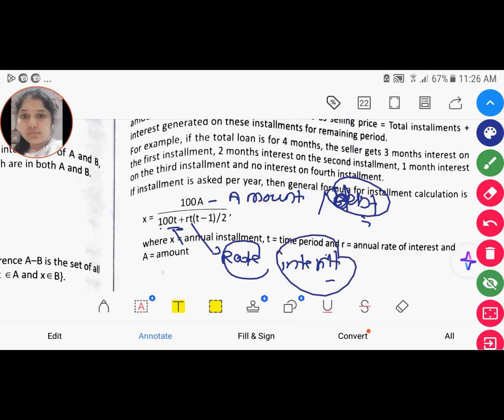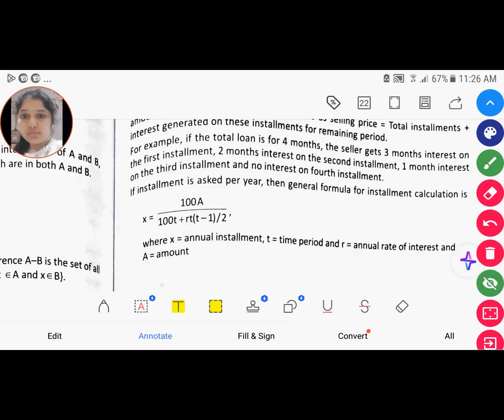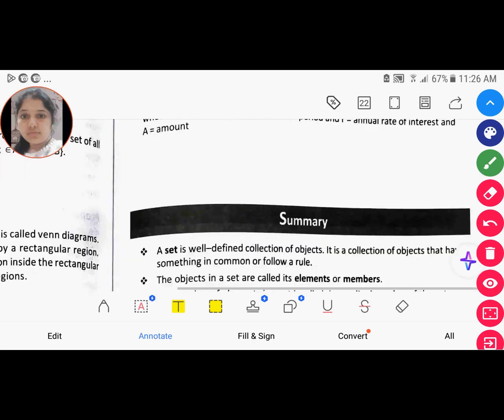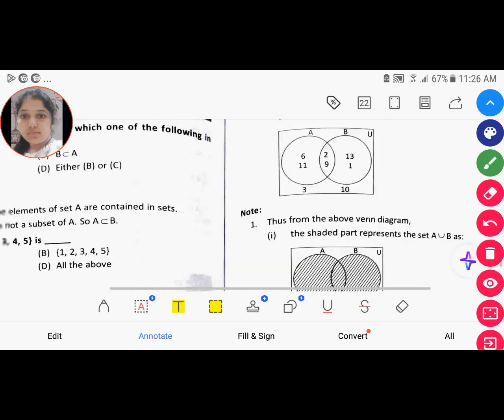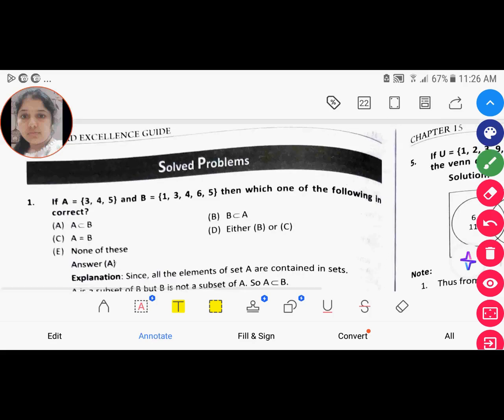So this is the formula to calculate the annual installment. Okay. Now we will look into some solved problems and then we'll directly move to the practice exercise.